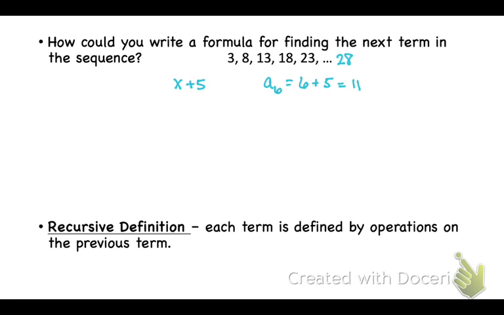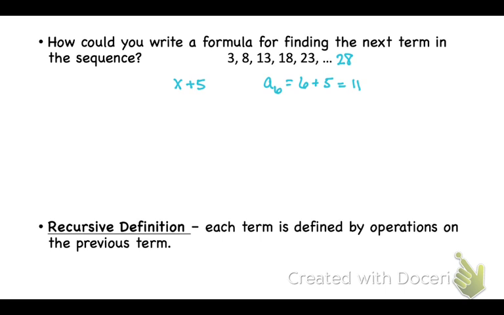A sub 6 is 28, but we have to get from 23 to 28. So how do we get from 3 to 8, from 8 to 13, from 13 to 18, 18 to 23? We add 5 to the previous term, don't we?